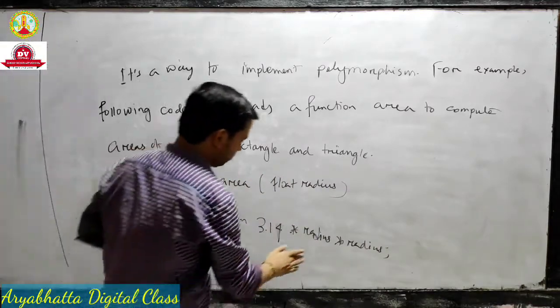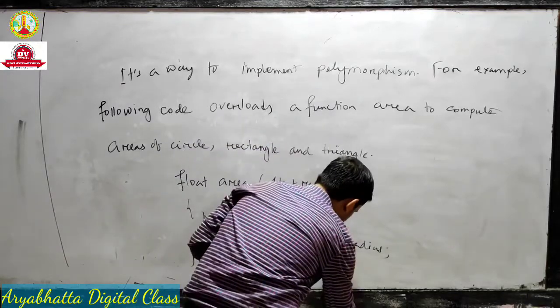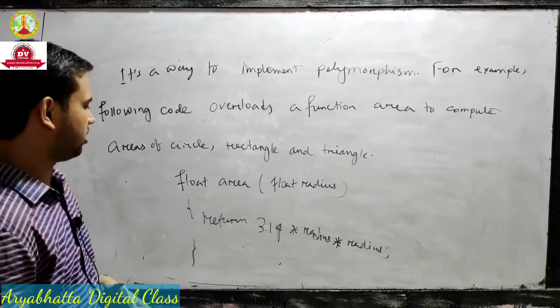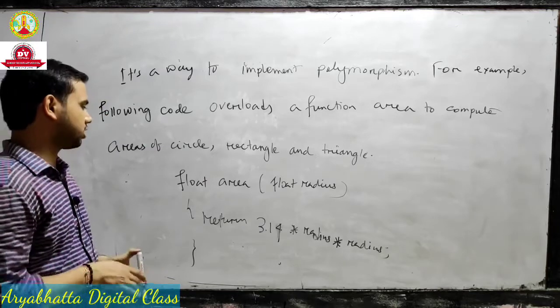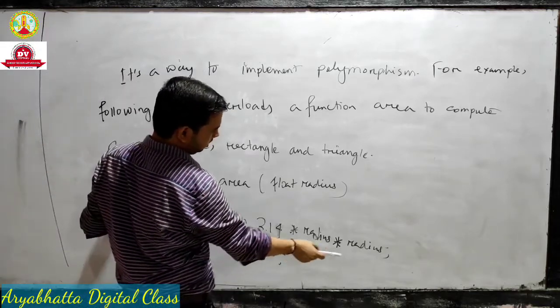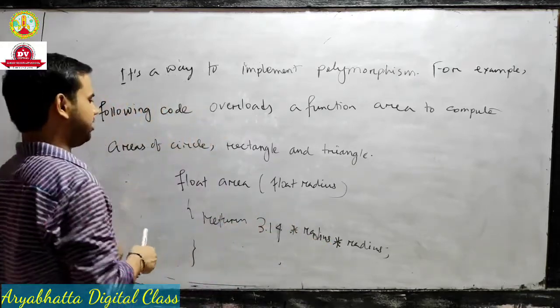This is the symbol of into. Star means, in programming, star is the symbol of product. What is the area of circle? Pi r square. The value of pi is 3.14. Radius means radius square, pi r square. Okay, this is the float area.